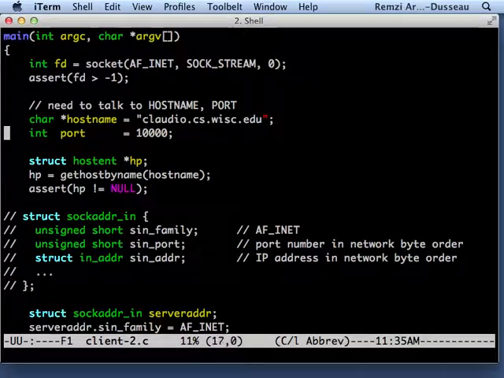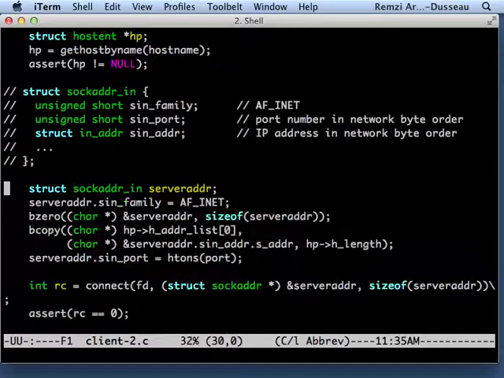So this is a very common sequence. First we create the socket. Then, given that host name, we call gethostbyname to get back some more information, like what the actual internet address of this thing is. And then we simply fill in this socket address, here called server_address. We set the family field, server_addr.sin_family, to AF_INET. That's always going to be the case for anything we do in here.